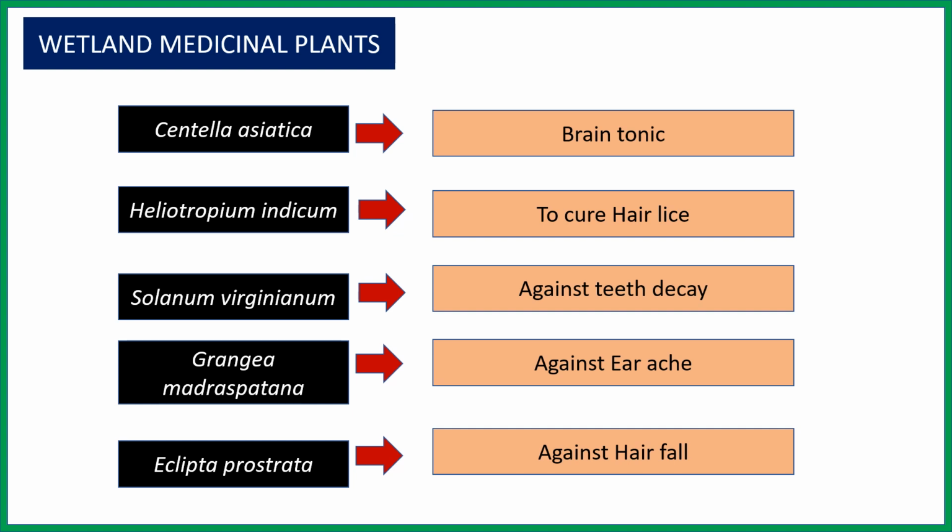And then Grangea maderaspatana, the leaves are crushed and applied. It works very well against earache. And there is Eclipta prostrata, it acts against hair fall. So these are some of the medicinal plants that we have observed in a rich population in the lake.